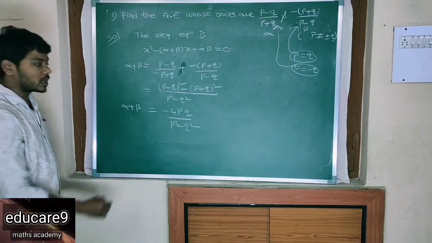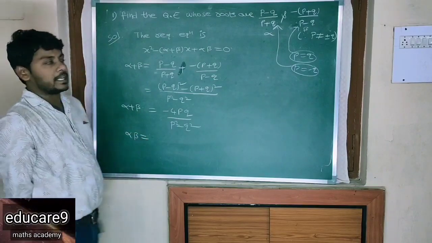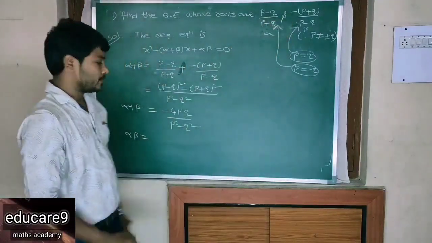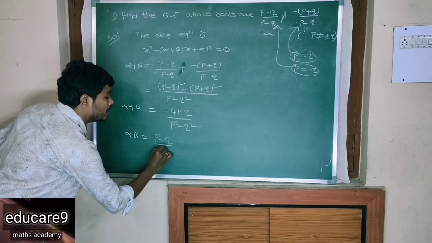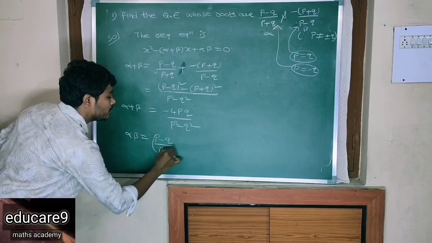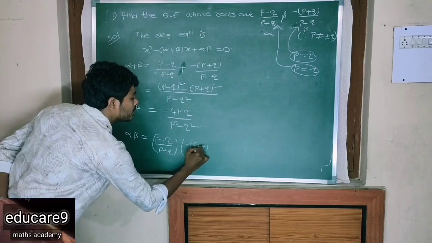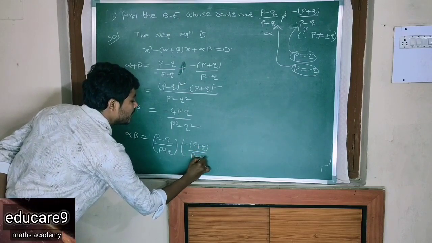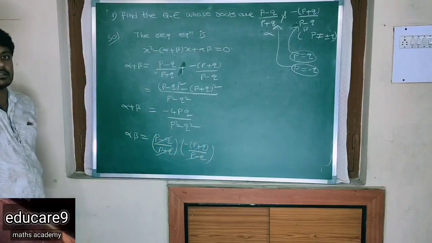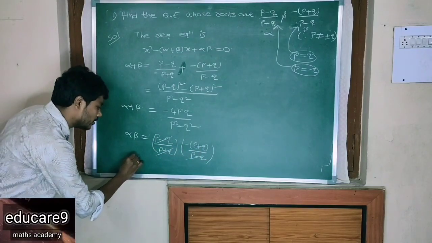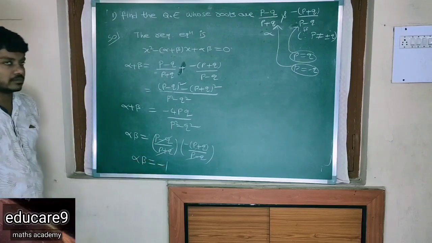Now find the product of the roots, that is alpha beta. Multiplying these two, you get (P minus Q)/(P plus Q) into minus of (P plus Q)/(P minus Q). So P plus Q, P plus Q, P minus Q, P minus Q get cancelled. Now you got alpha beta is minus 1.